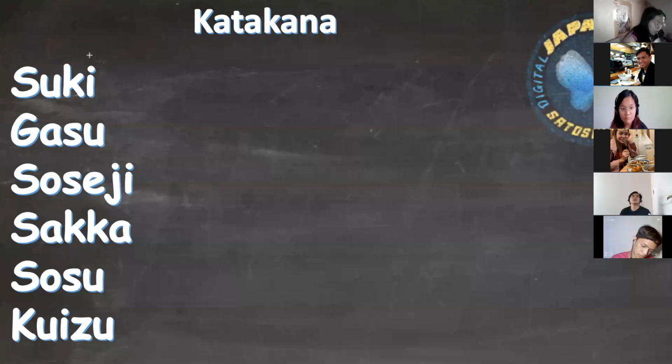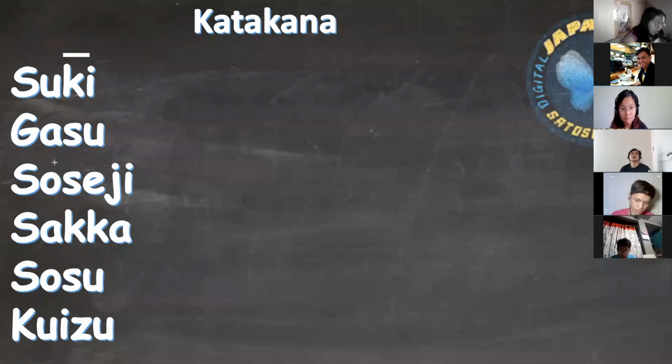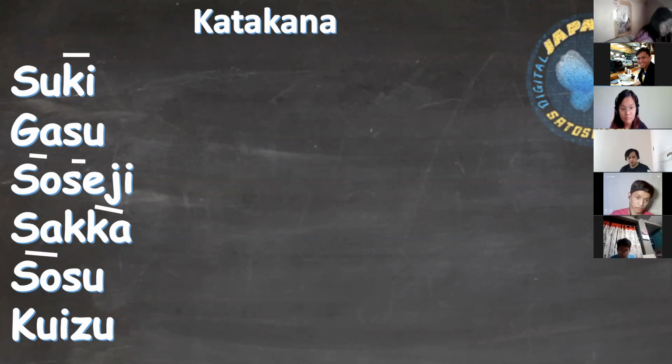So we have here, and let's have this one. And we have our saka here. Okay, so su. There you go. So try to write now. So this one means key.